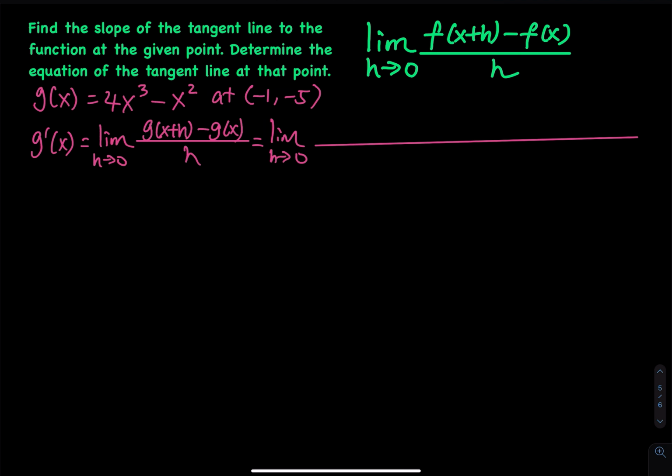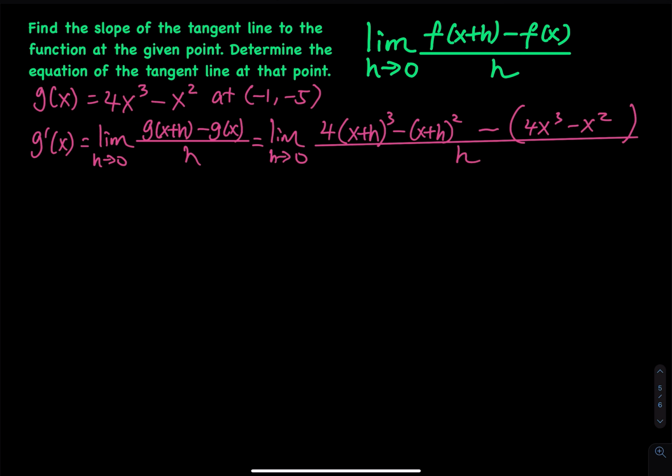G of x plus h, so this is like a composition function, so you have 4 times (x plus h) to the third power minus (x plus h) squared. So this is g of x plus h, and then you minus g of x, so you put the whole function in parentheses, 4x to the third minus x squared. Don't forget the parentheses because you are subtracting the entire function. The minus x squared becomes a plus x squared after distribution, divided by h.